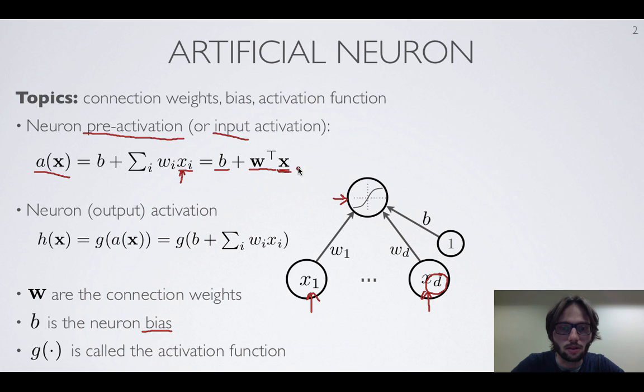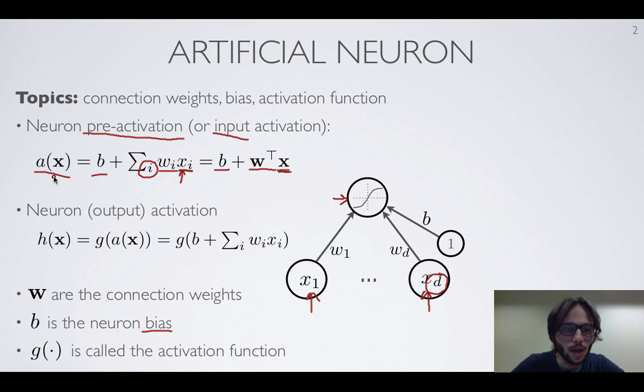So we can write it in vector form here, or we can write it in a more scalar form where we have b plus the summation over all i, so all indices within the vector, of the ith element of w times the ith element of x.